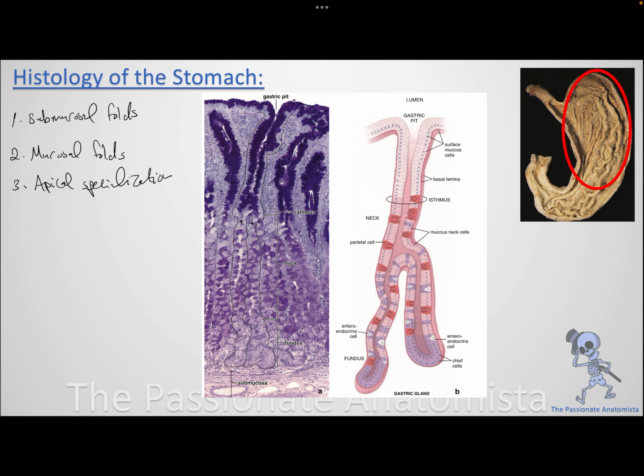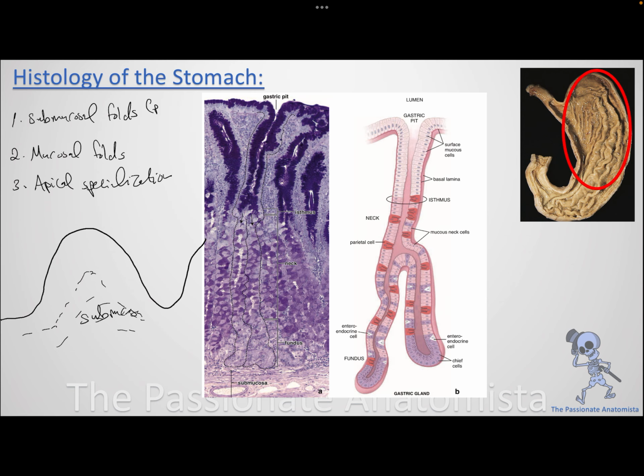So as I have my stomach, I'm going to have a submucosal fold. What does that mean? It means that the core of the fold is actually my submucosa. So this is my core, this is my submucosa, and this is the layer that's going to form the fold itself. I call it a submucosal fold.